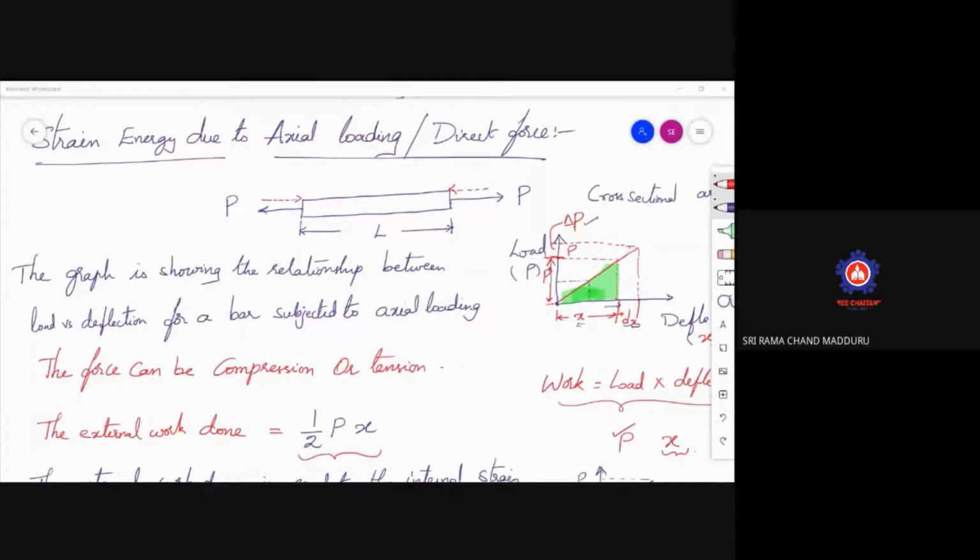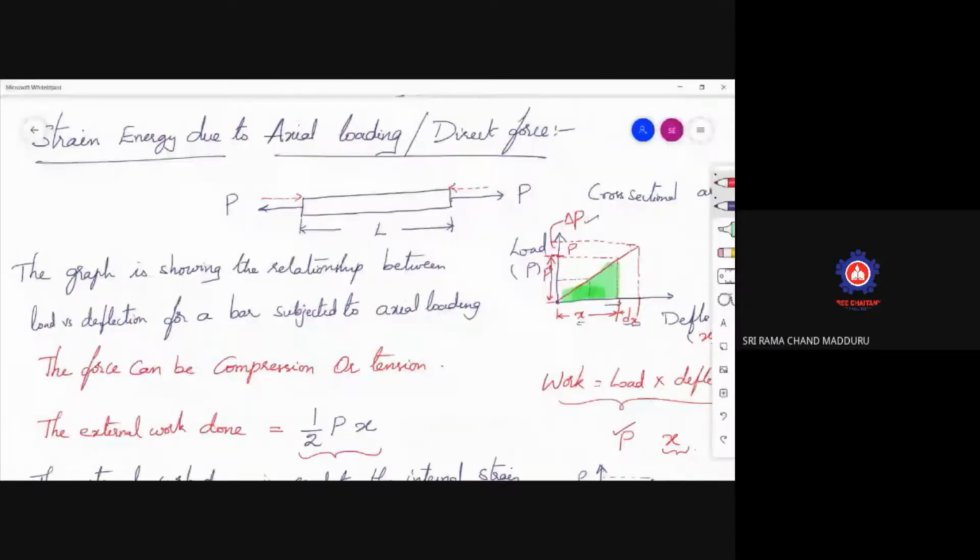So here we have to consider the graph. What is happening here? If you understand the graph, the load is gradually increased to a certain value. The area under the curve can be considered as your work done. So the area has x on one side and this value is P.